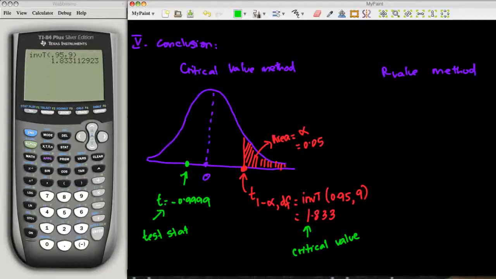Did the test statistic cross over and fall in this rejection region? So the test statistic did not fall in the rejection region. In other words, the test statistic is not greater than the critical value. So since the test statistic doesn't fall in the rejection region or the critical region, we fail to reject the null with 95% confidence.